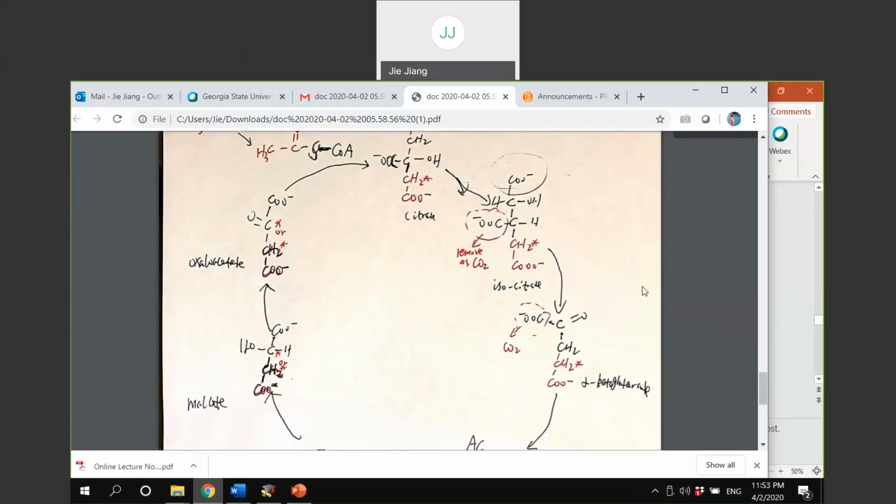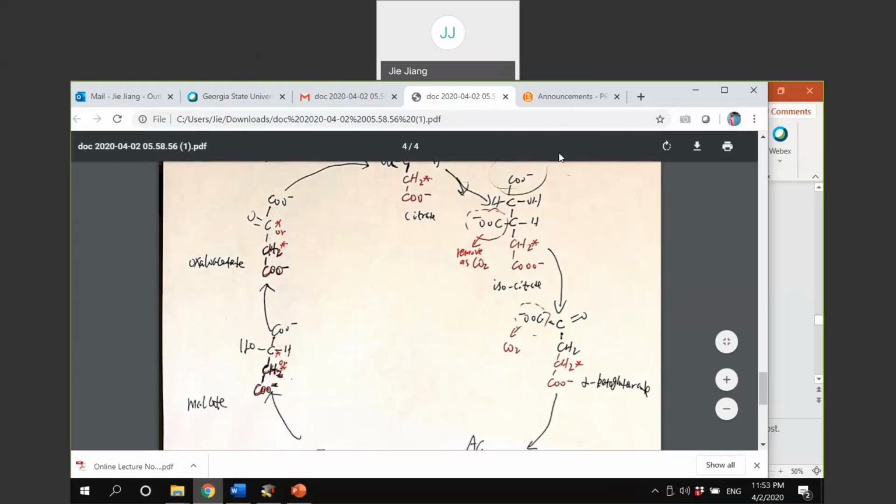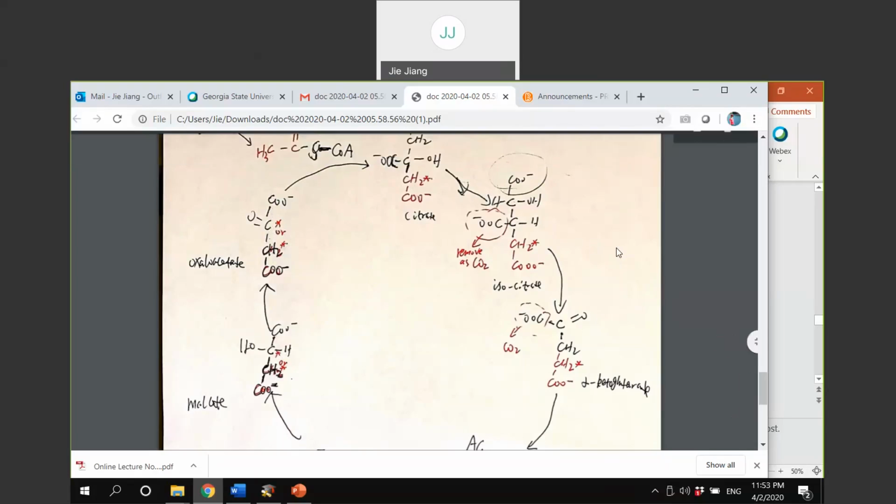Which means in the second round of the citric acid cycle, there will be no isotope labeled carbon, because that will be removed from the cycle. But in the first round, the isotope labeled carbon will stay in the oxaloacetate in these two carbons. So that is how to trace where the isotope labeled carbon goes.